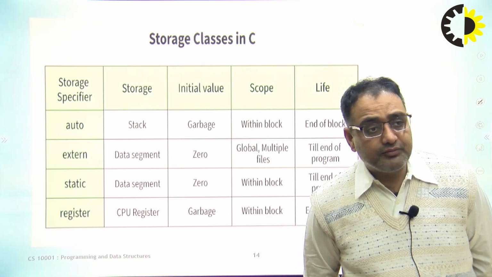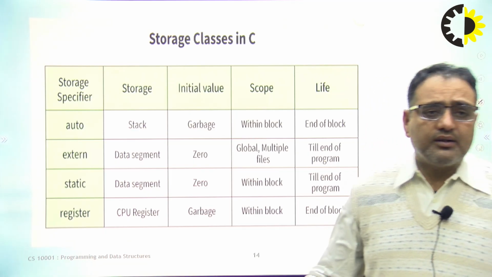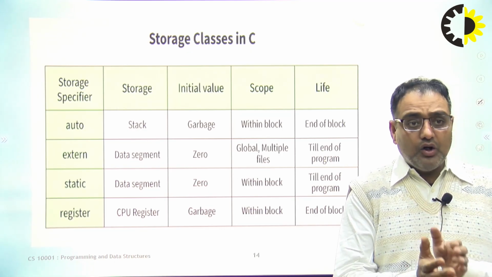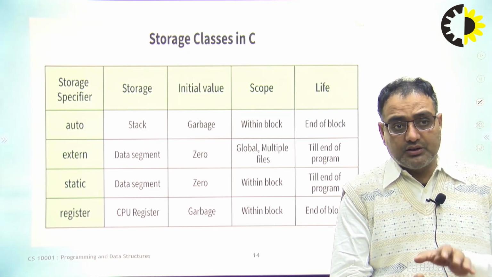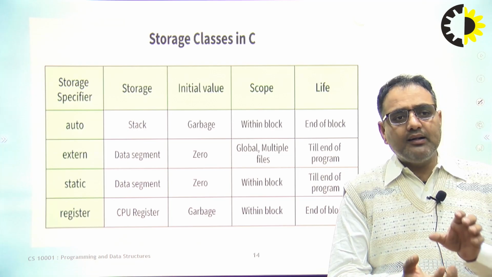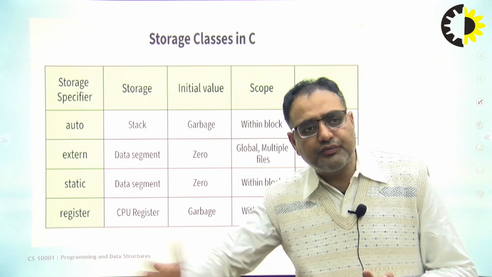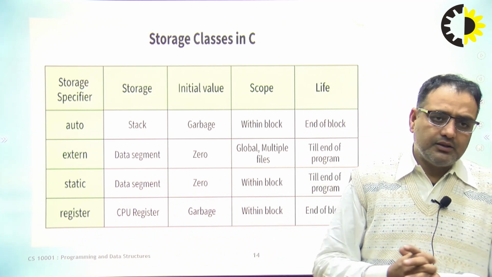Global across multiple files means the variable will be declared in a single file, but not within a function, or it may be declared in other files.